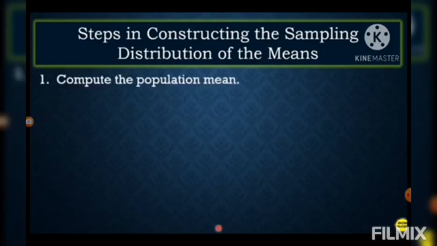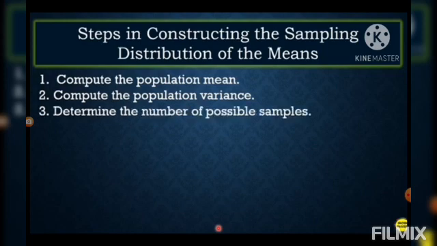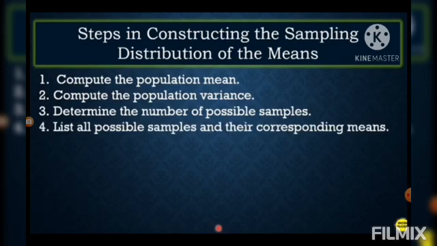So we have steps in constructing the sampling distribution of the means. Number 1, compute the population mean. Number 2, compute the population variance. Number 3, determine the number of possible samples. Number 4, list all possible samples and their corresponding means.